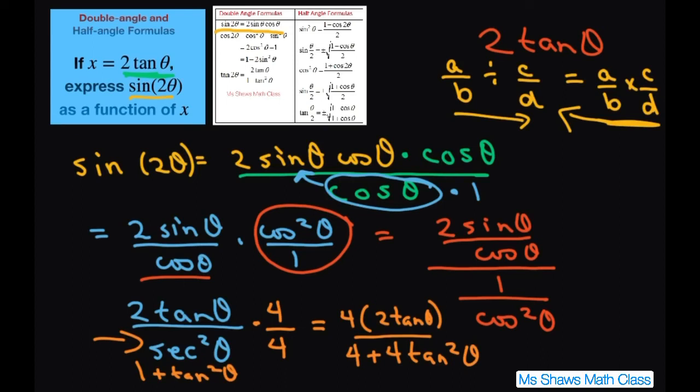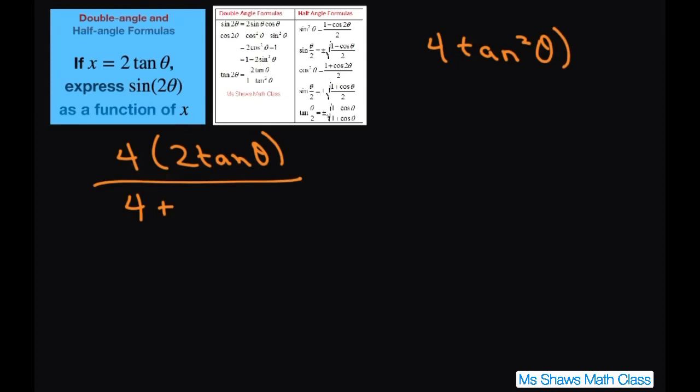Now the trick for that is I'm going to write this now. We had 4 times 2 tan of theta. And then we had 4 plus 4 tan squared of theta.